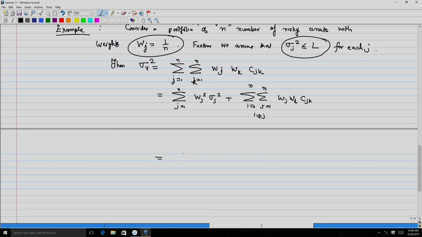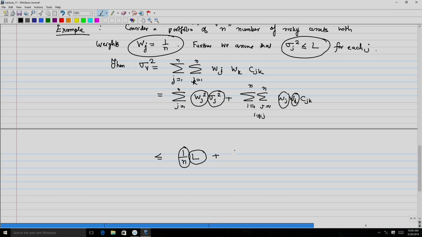So the first term is less than or equal to 1 over n times L, because this is going to be 1 over n squared, summed over n, which gives n over n squared, which is 1 over n, and sigma_j squared is bounded by capital L. The second term simply becomes 1 over n squared times the double summation over j and k of c_jk.